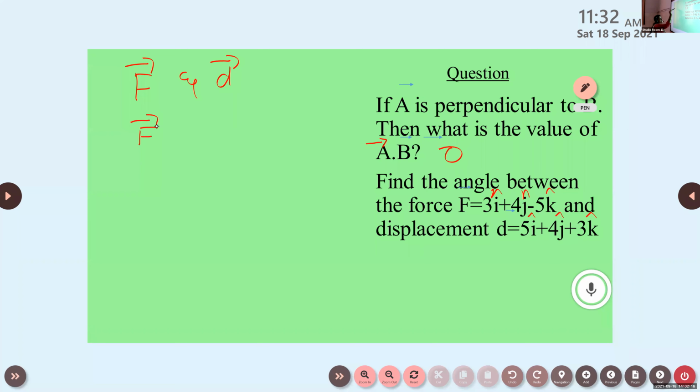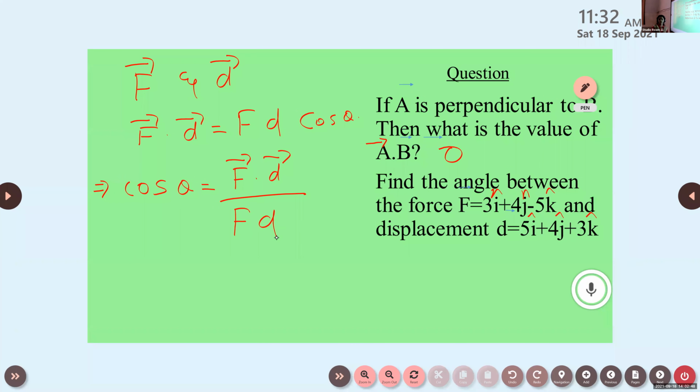So here vector F dot vector D is equal to, instead of vector A and vector B, here we have two other vectors, vector F and vector D. The dot product of these two vectors is given by the formula vector F dot vector D is equal to FD cos theta, which implies, rearranging the equation, cos theta is equal to vector F dot vector D divided by FD, where FD represents the magnitude of the force vector and that of the displacement vector respectively.